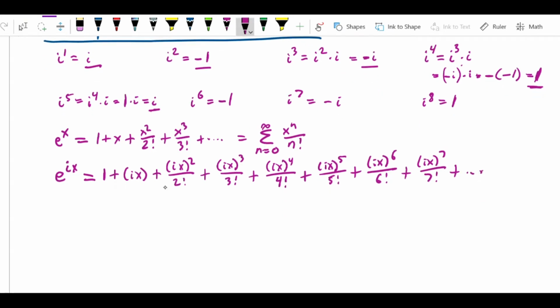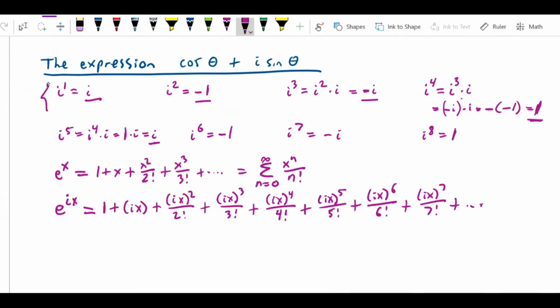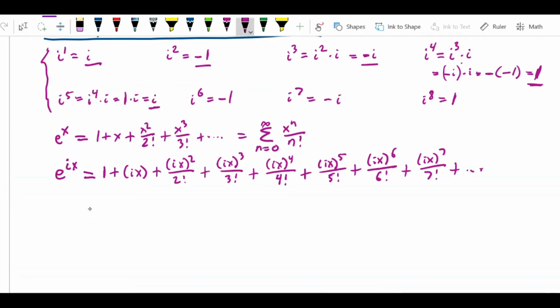So now let's simplify all the expressions with i using what you see up here. We know what the different powers of i are going to look like. So this is going to equal 1 plus ix. Now, i squared x squared, we know that i squared is negative 1, so this is going to look like minus x squared over 2 factorial. And we know that i cubed is negative i, so this is going to look like minus ix cubed over 3 factorial.